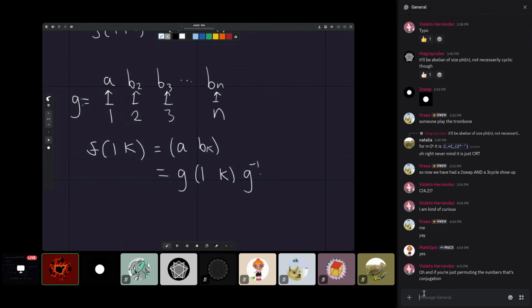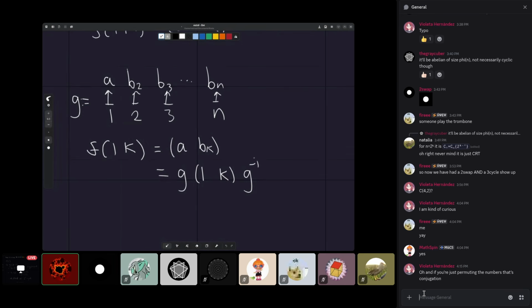Shall we just actually check? So G inverse will send A to 1. So this is the wrong way around, isn't it? So we need the inverse on this side. So G now will send 1 to A. No, I had it right the first time. Never mind.